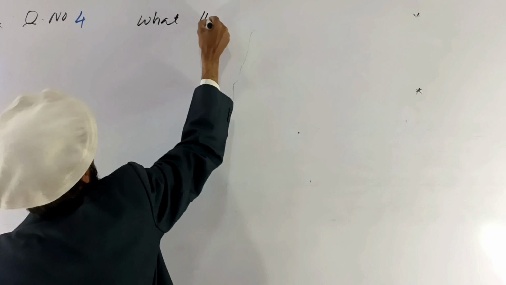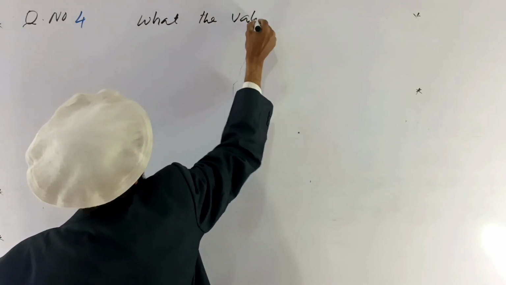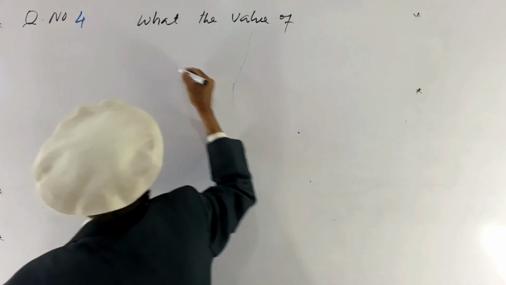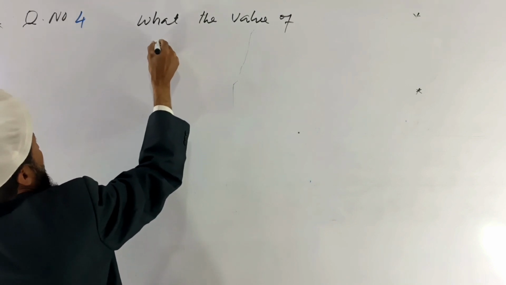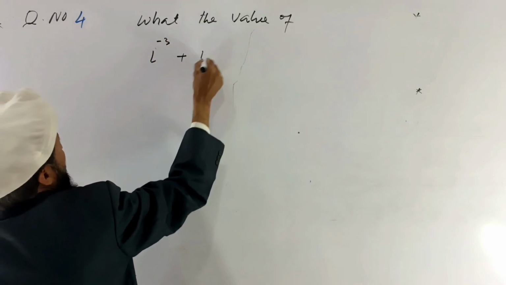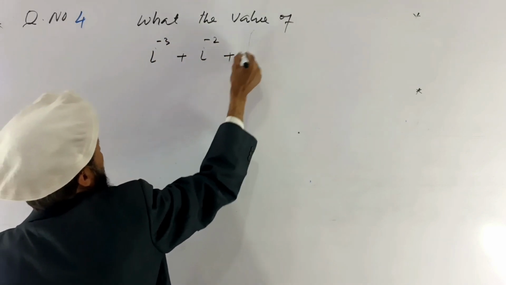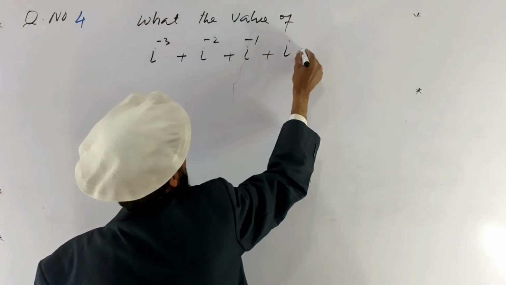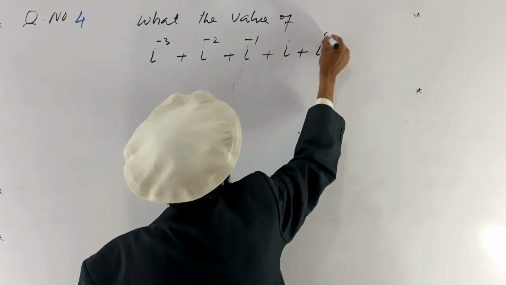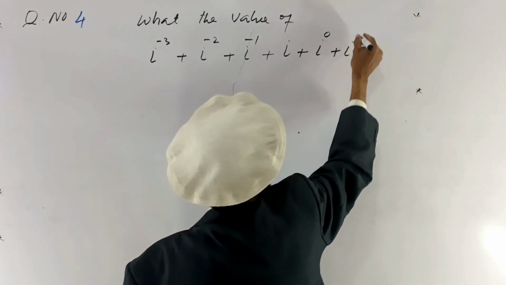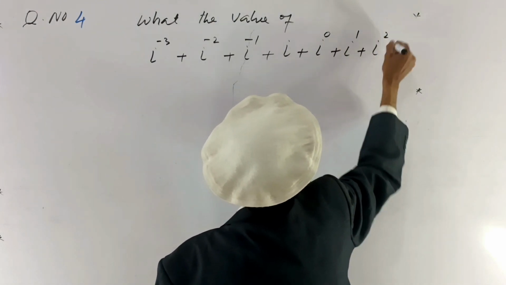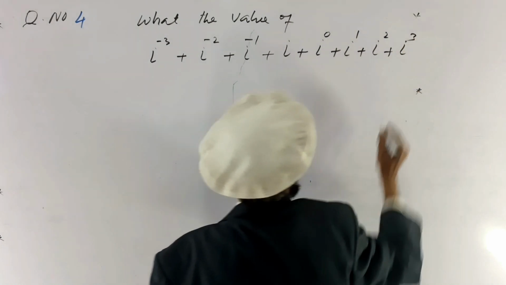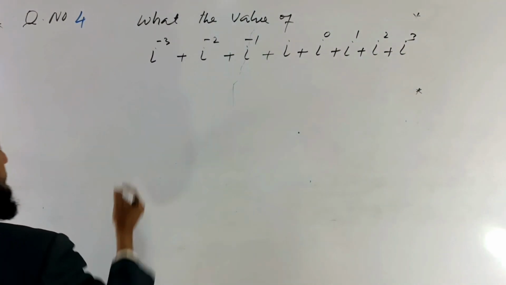What is the value of iota to the power minus 3 plus iota to the power minus 2 plus iota to the power minus 1 plus iota to the power 0 plus iota to the power 1 plus iota square plus iota cube? What is the result?